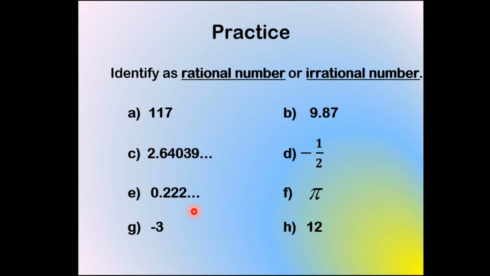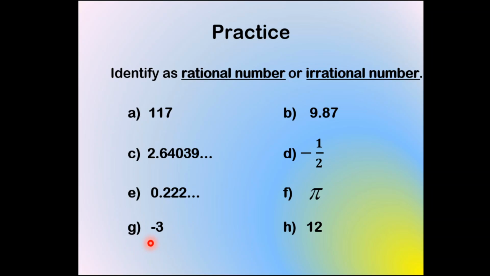Right, this number is a rational number because this is a repeating decimal. Letter F, we have pi. Now pi is what? Correct. Pi is an irrational number because we can't write pi as a fraction.